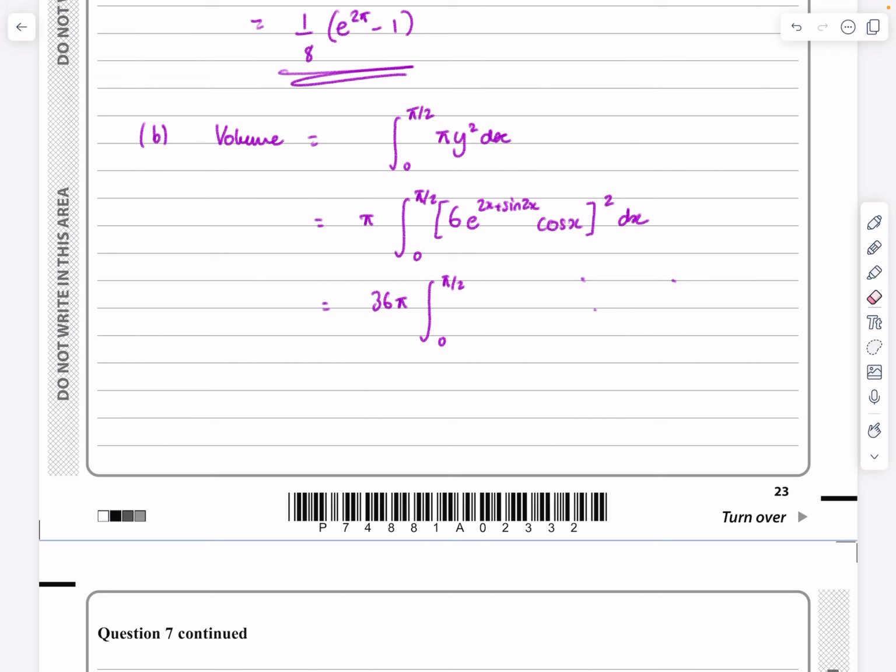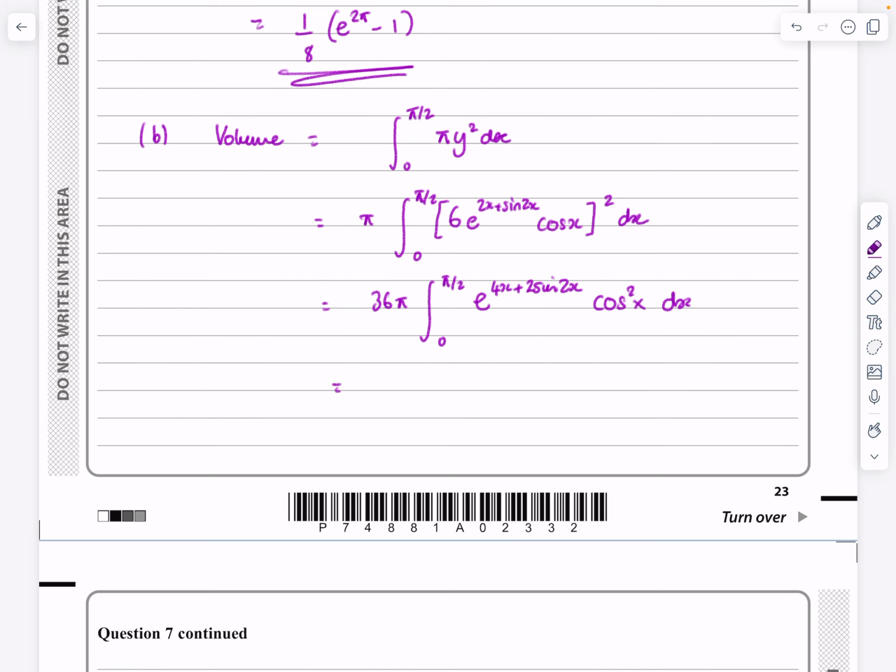Now, that's actually what the question was, so that works out. That's going to be e to the 4x plus 2 sine 2x, and obviously cos x squared is just cos squared x dx, and the whole point about doing that was that this bit here, we already know what the answer to that is.